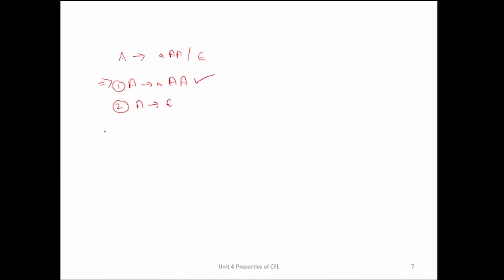The first production has no epsilon, so I write it as it is after eliminating epsilon. The second production contains epsilon, so it cannot be included.